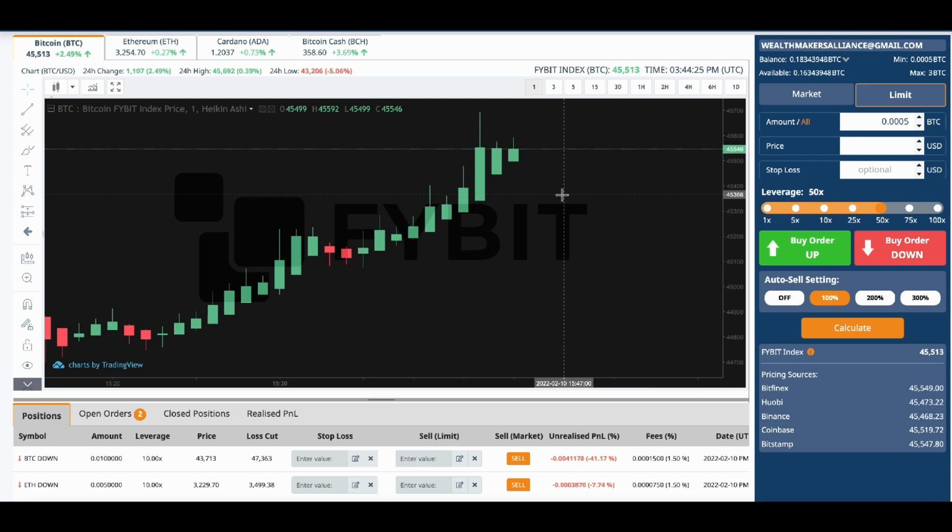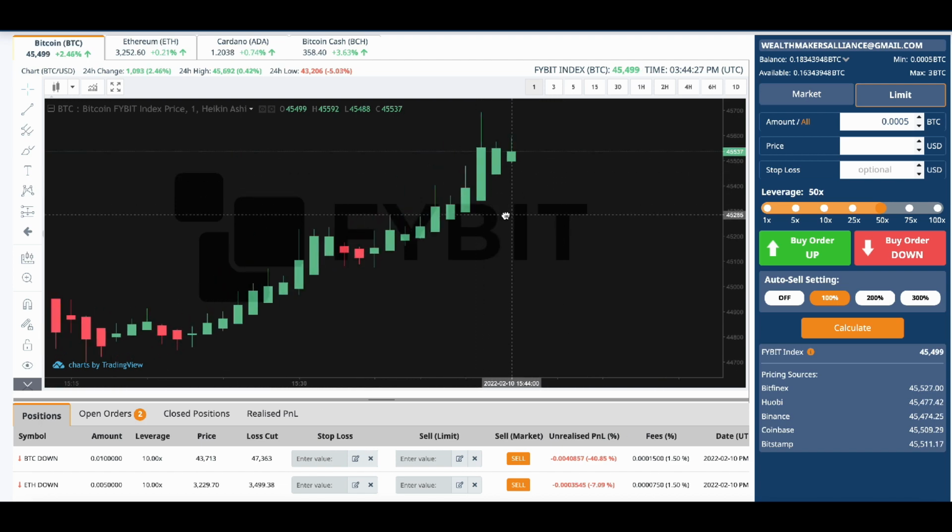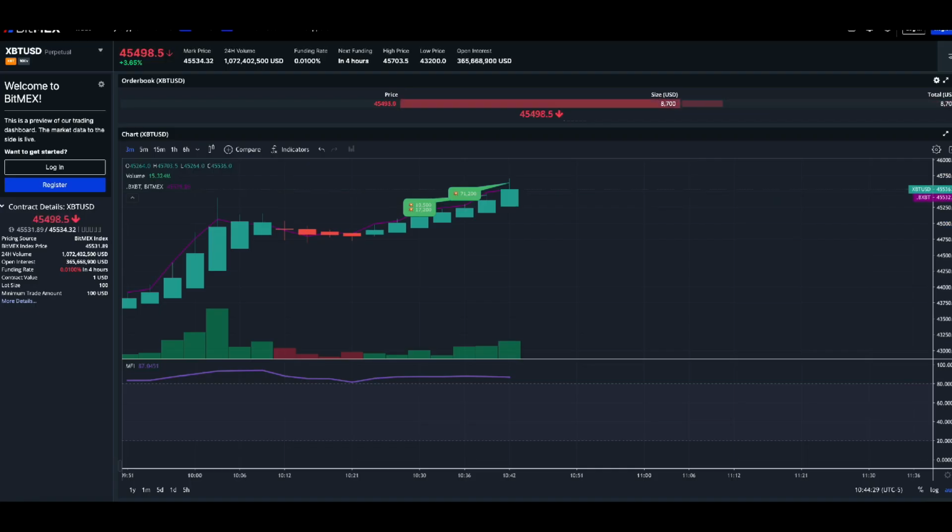We wait like a wolf. We watch the market over here. We're waiting for the market reversal, and at the right time, we're going to go in.